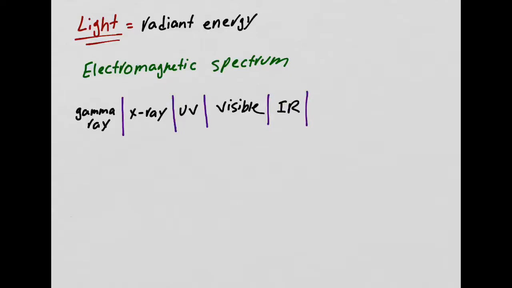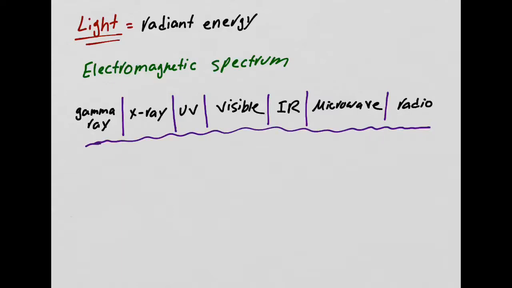After IR, infrared, is microwave. And the last one is radio. Okay, so far so good? Now, as we go from radio to gamma ray, the energy increases. So we go into increasing energy. All right, these are different types of light.